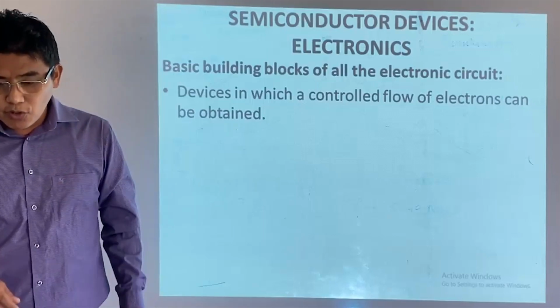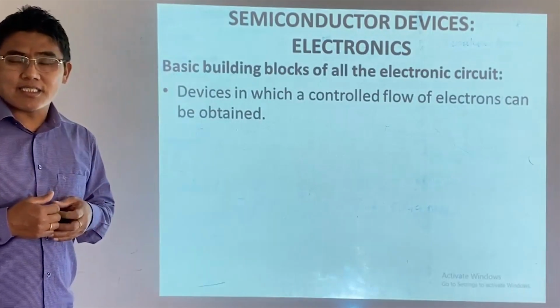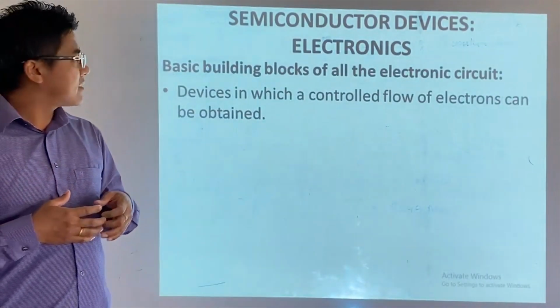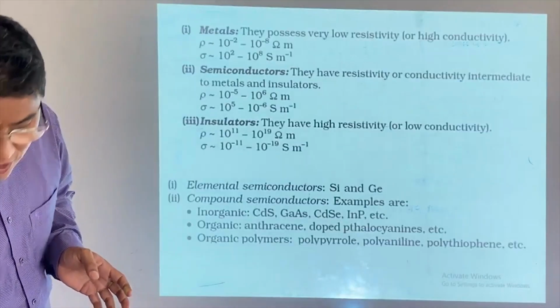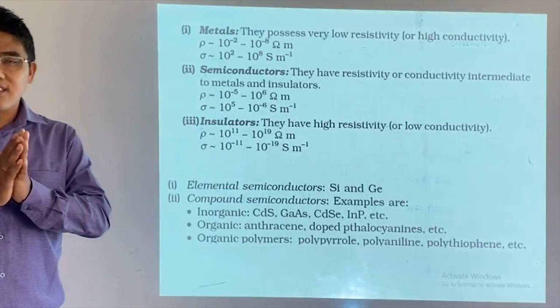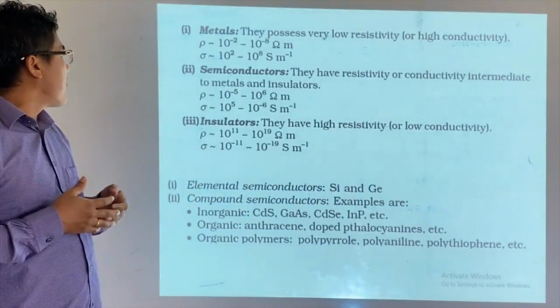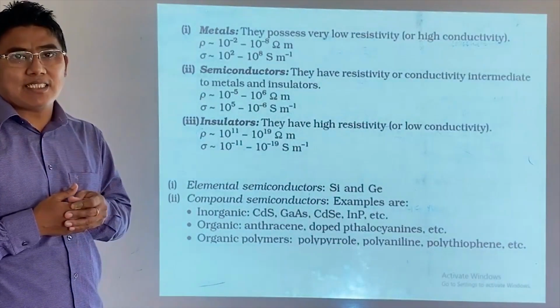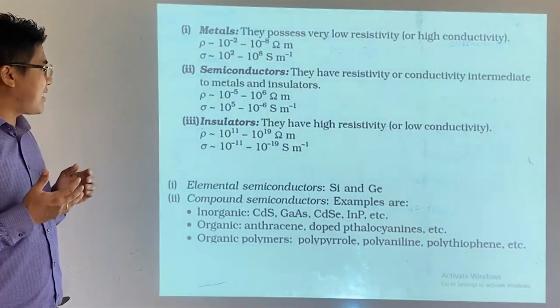All right. So before I start electronic devices, let me divide materials into three parts. Basically, every material we find is divided into three parts based on its resistivity. Semiconductors come between metals and insulators.